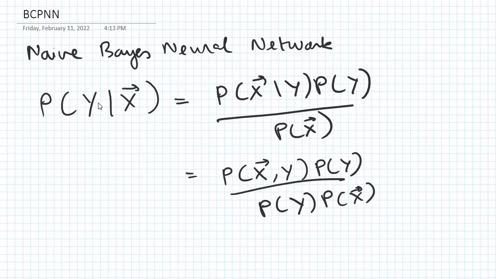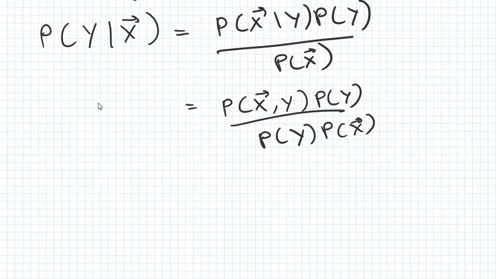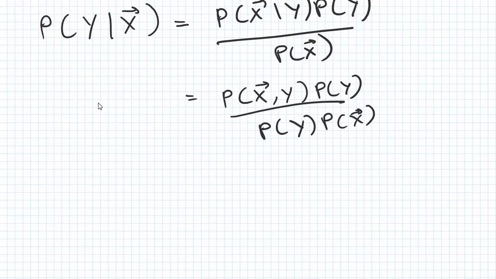This is just the definition of the conditional distribution P of x given y. So we want to transform this into a neural network form. This probability should be represented through a neural network.